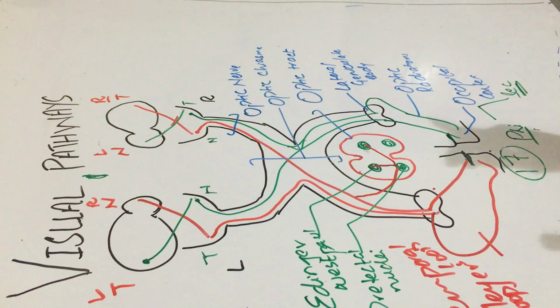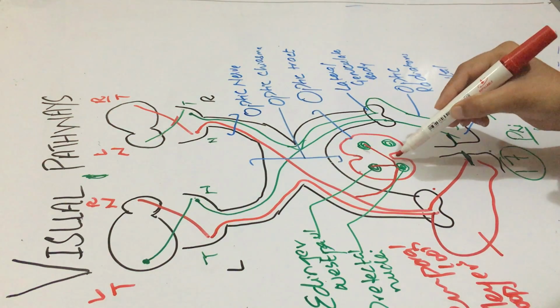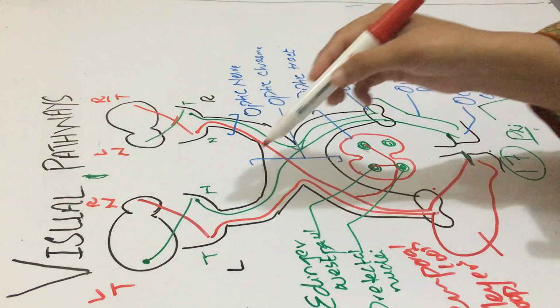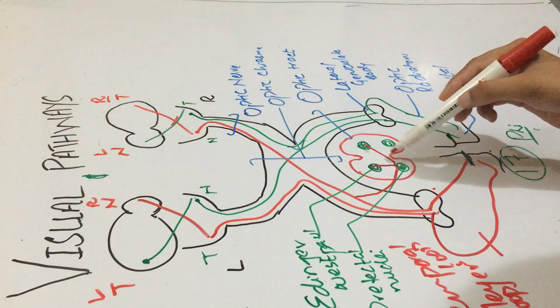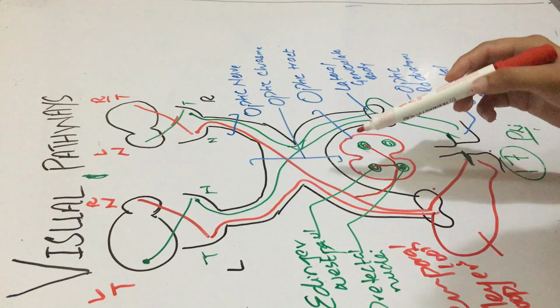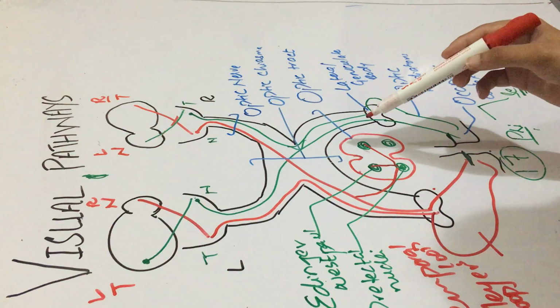So you know that when you show light on the eye, on the pupil, there are two types of pupillary reflex: the direct pupillary reflex and indirect pupillary reflex. When the light rays come, they also go to the opposite side Edinger-Westphal nucleus.